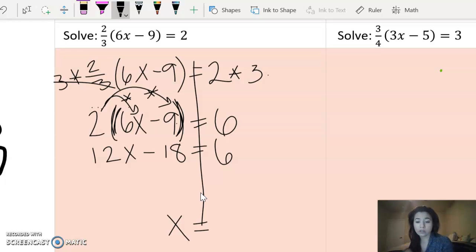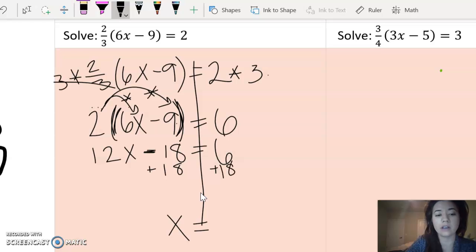Okay, now we have a two-step equation. We get rid of addition and subtraction first. The opposite of subtraction is to add. So we add 18, add 18. The minus and adding 18 cancel. And we get 12x equals 18 plus 6 is 24.